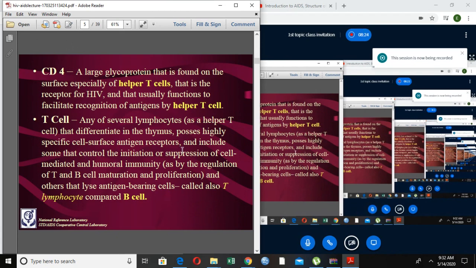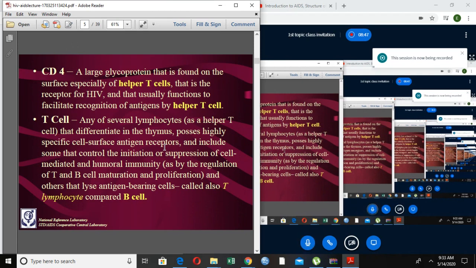As I have already said, these helper T cells have receptors that possess the CD4 that will help the T cell to notice that this is not a normal cell. This is a bacteria cell, this is a virus cell, this is a fungal cell.